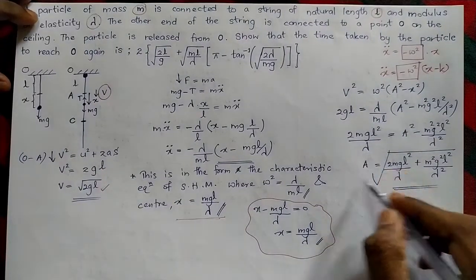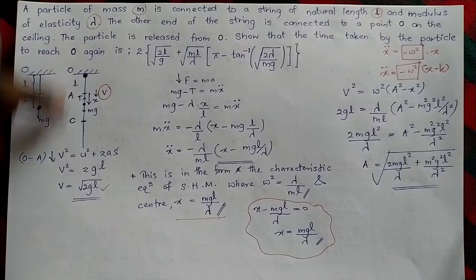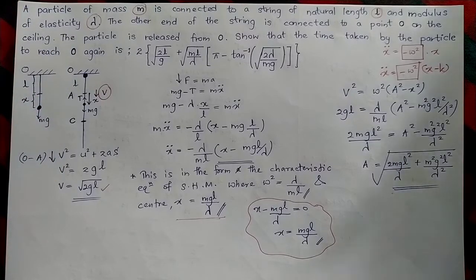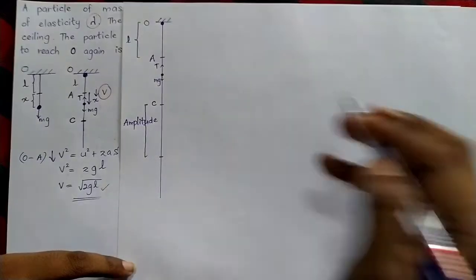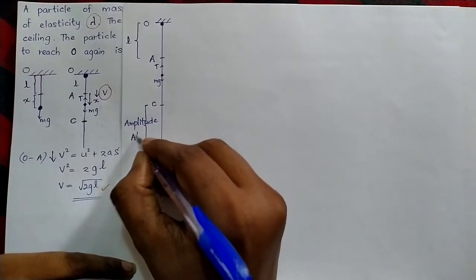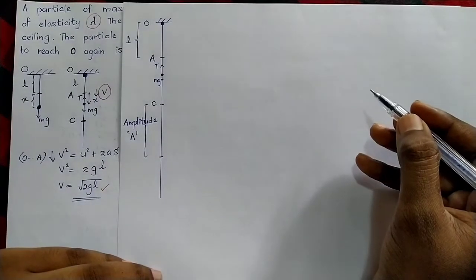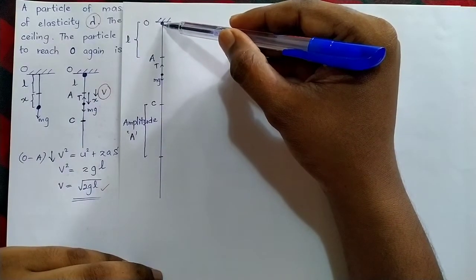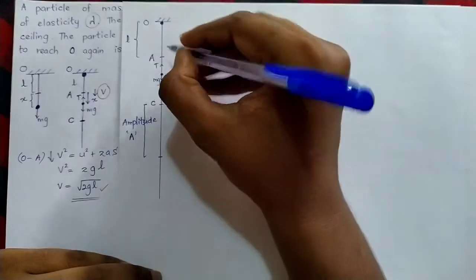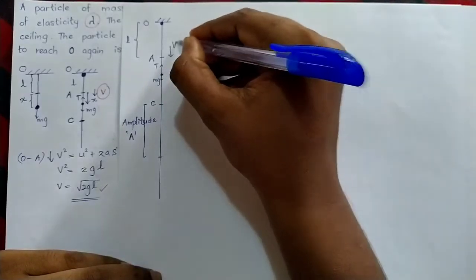Now we have to mark this obtained amplitude in our diagram. Let's consider this new diagram which I have enlarged. So this is the amplitude calculated, that is A. The particle travelled under gravity from O to A and there was a certain velocity v.